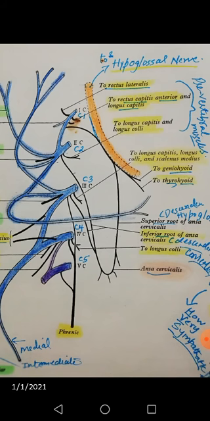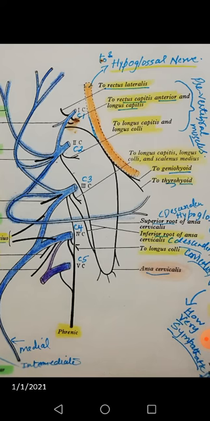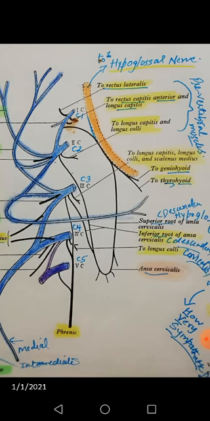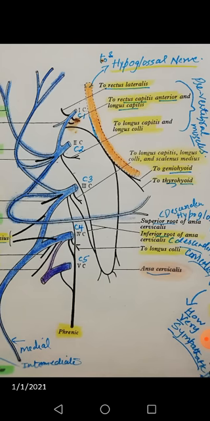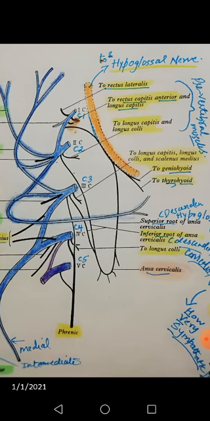And you can see the lower root of the ansa cervicalis, for which another name is given here, the descendens cervicalis, and the superior root of the ansa cervicalis is also called the descendens hypoglossi. You should know the other names in case you come across these terms as well.